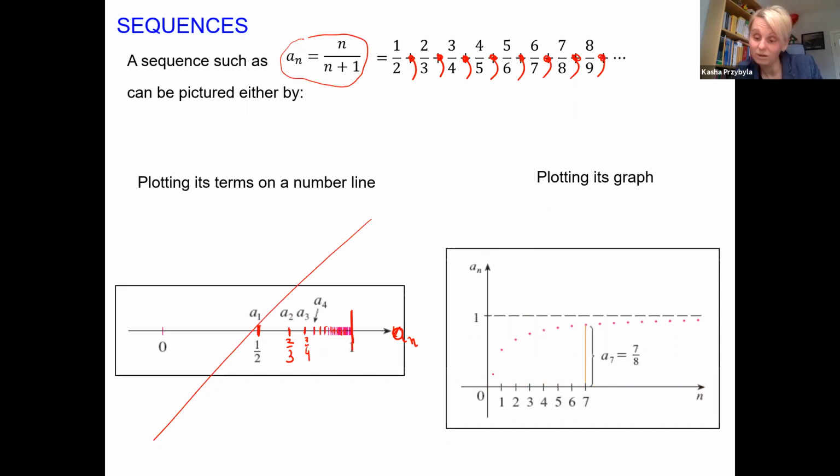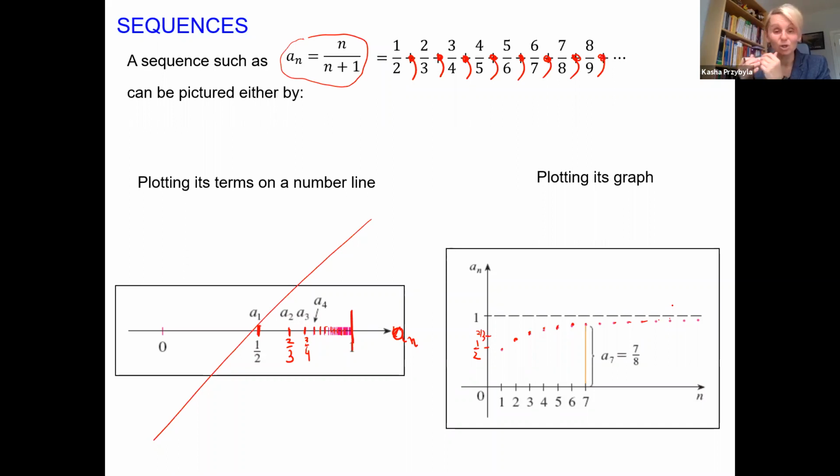For 1, we have 1/2. For 2, we have 2/3. And then for 3, we have 3/4, 4/5, 5/6, 6/7, and so on. And we can nicely see the dotted line. It's simply the limit.